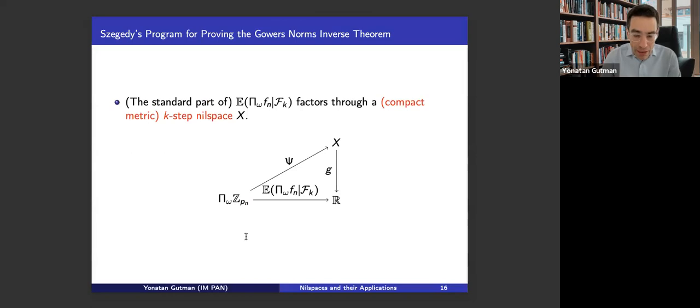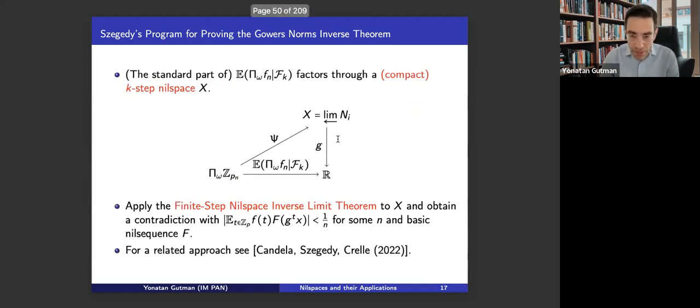But returning to our subject, this is exactly where the Nilspaces were born. Because he was able to show that when you project on this F_k, so this is the projection on F_k here below, it actually factors through an object, which is called a k-step Nilspace, which I will define shortly.